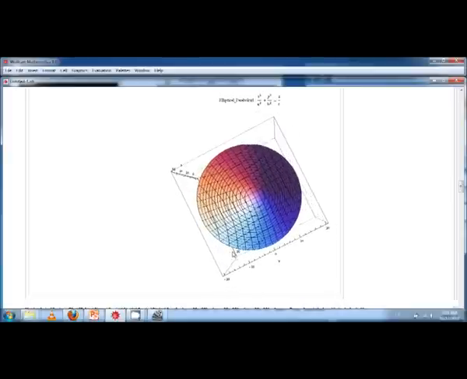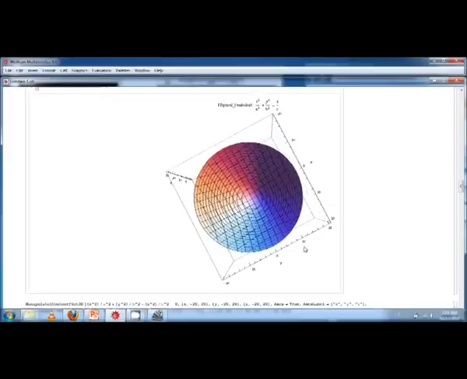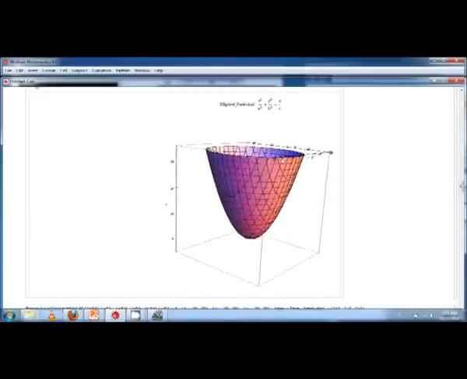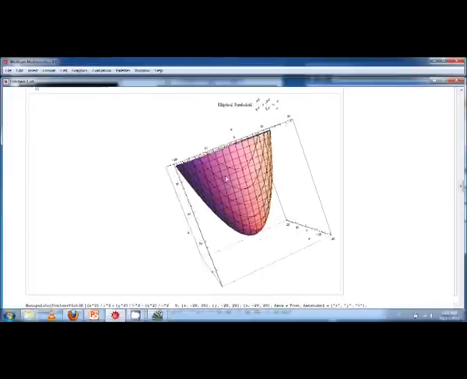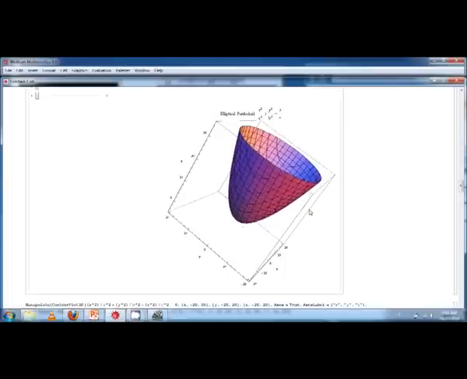So you can see that the xy trace gives you an ellipse. But when z is equal to 0, it starts at a point. And as for every increasing z value, the ellipse increases its size.